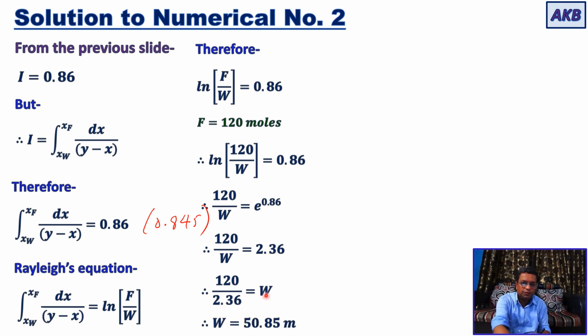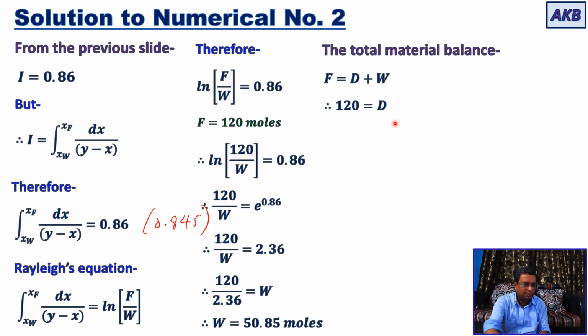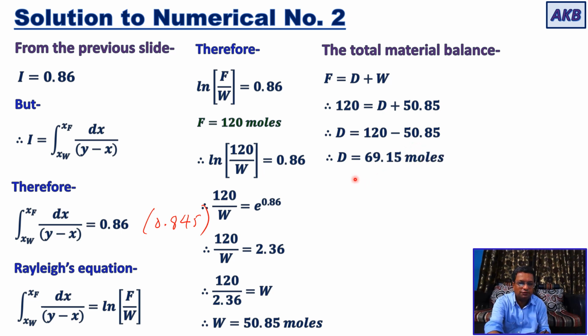That gives us W as 50.85 moles. Now using the total material balance, which is F is equal to D plus W, it will be 120 equal to D plus 50.85. That gives us D as 120 minus 50.85, that is D is equal to 69.15 moles.